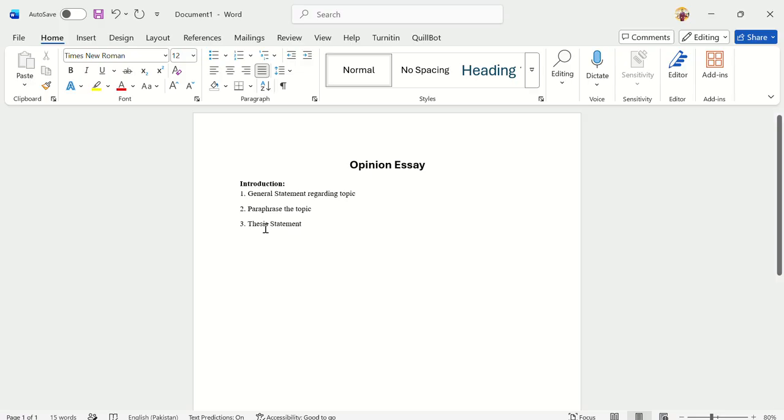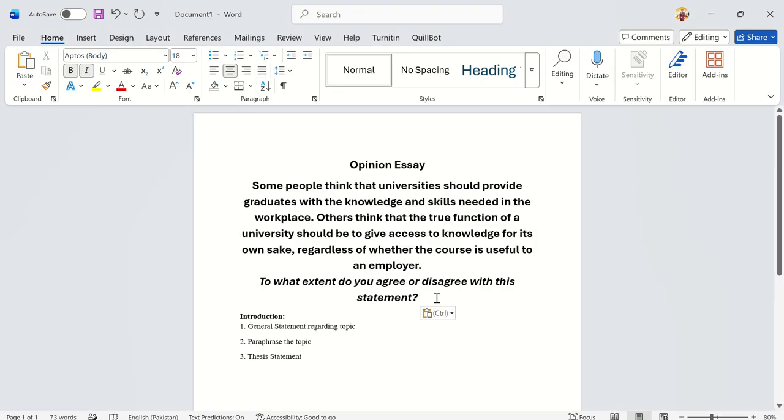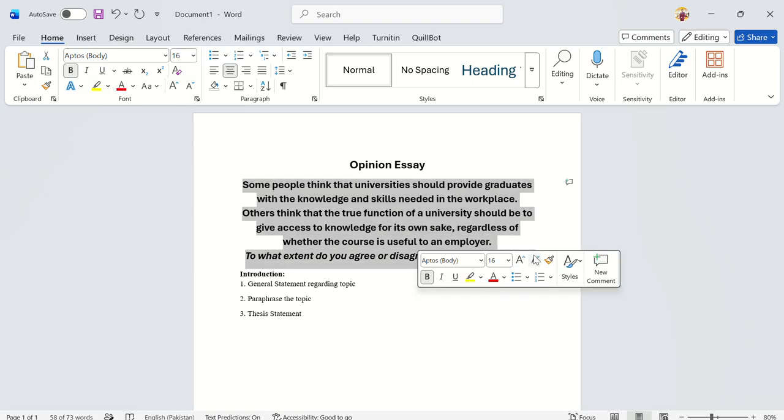As far as an opinion essay is concerned, you have to either agree or disagree. Let me show you first a template question of an opinion essay. Here you can see I have a sample problem of an opinion essay.